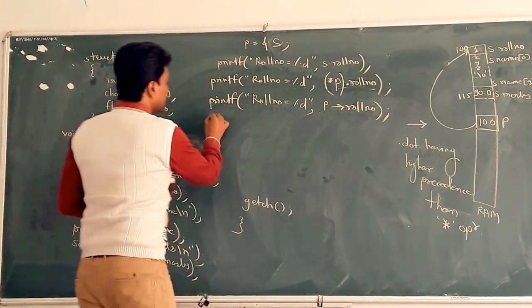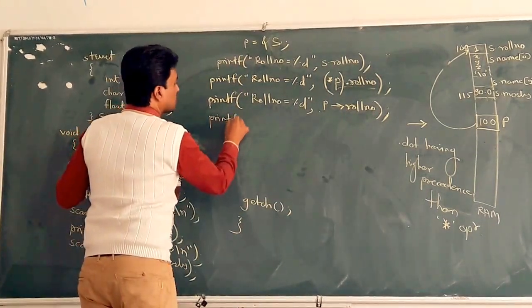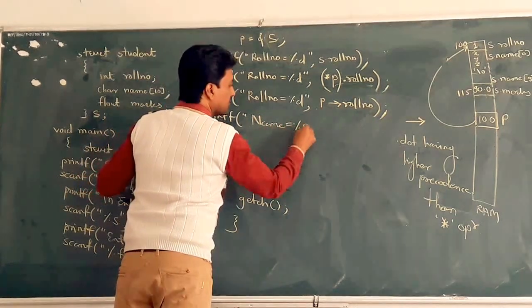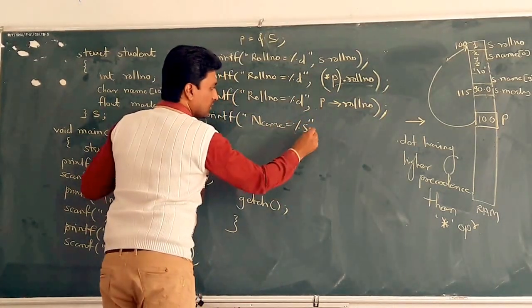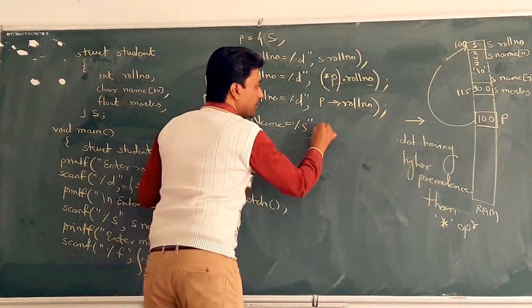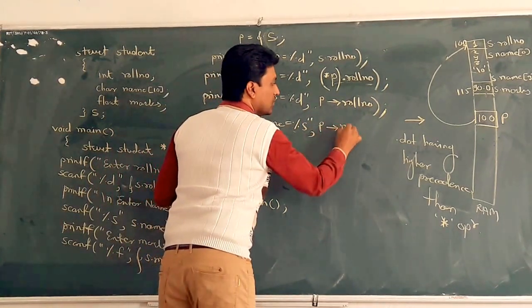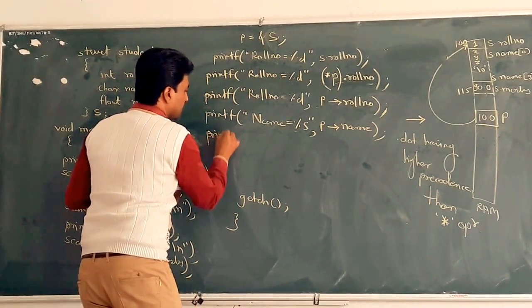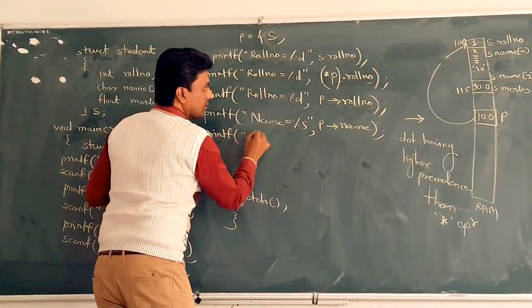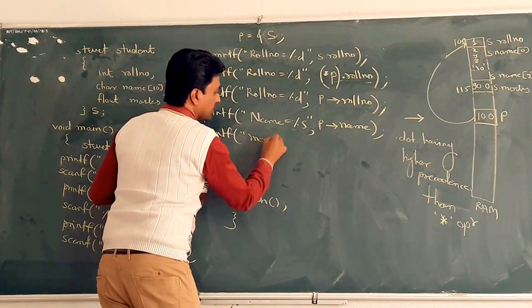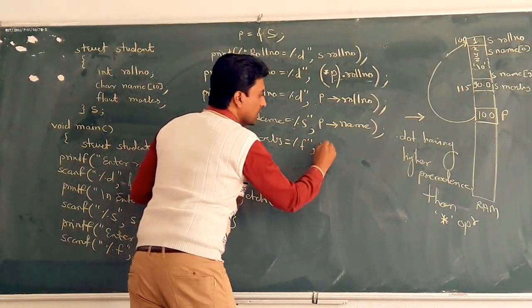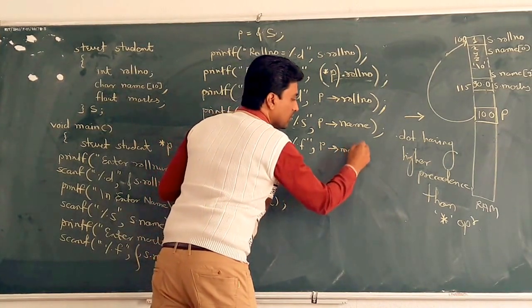Clear? After that, when we want to access, suppose, the name of the student: name of the student is equal to percentage S, comma, P arrow name. Okay, printf marks is equal to percentage F, double quotes complete, comma, P arrow marks.